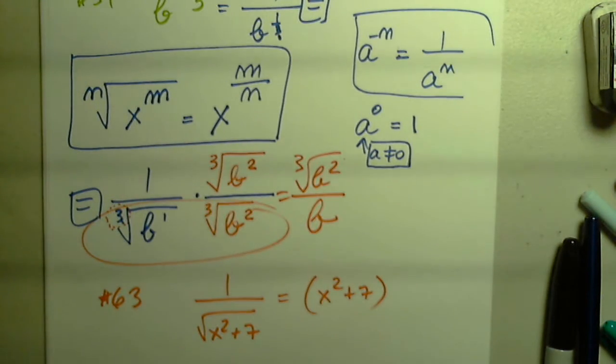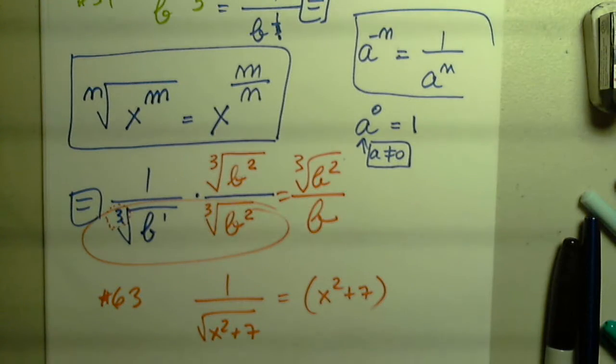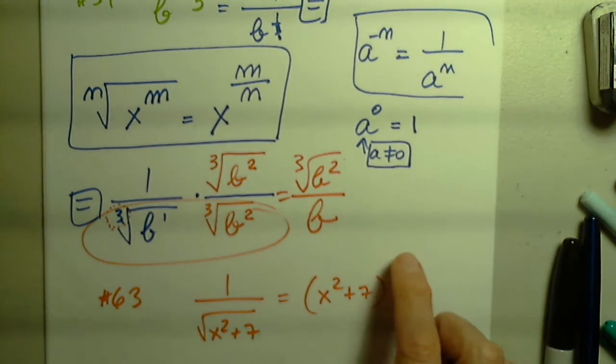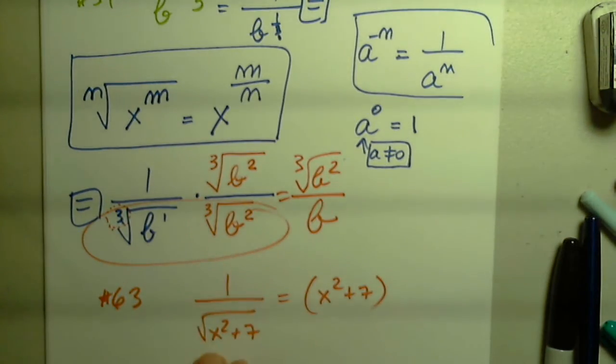Simone, what do you think? Simone, are you with us? I need a power here, so that this is this. Will it be 2? Power 2 will not bring it to the denominator.